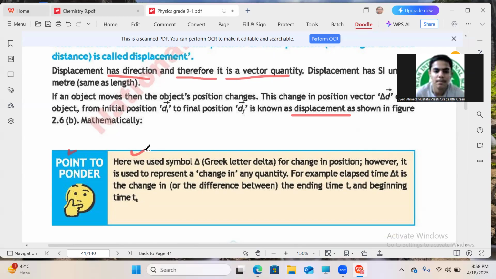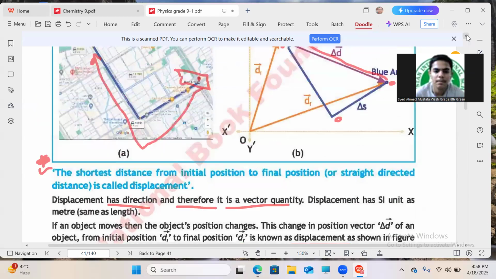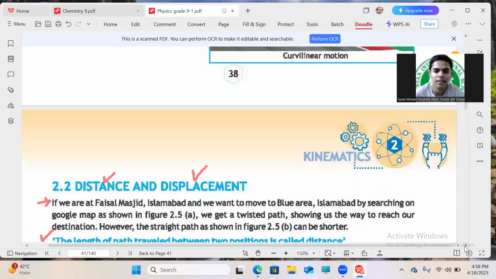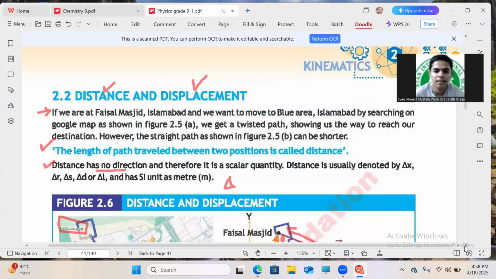So that was the main concept between distance and displacement. There is also an explanation through a diagram and a little more information about delta. So just read your whole lecture for 5 minutes and tell me if any question comes to your mind.